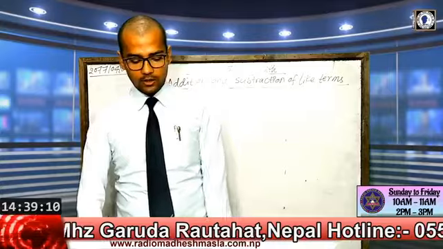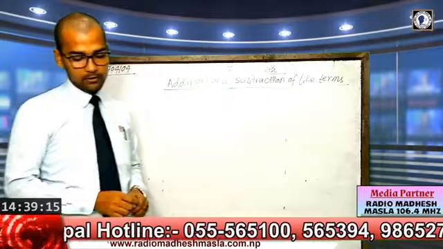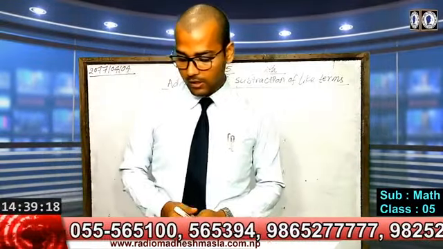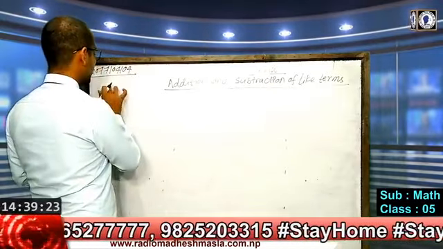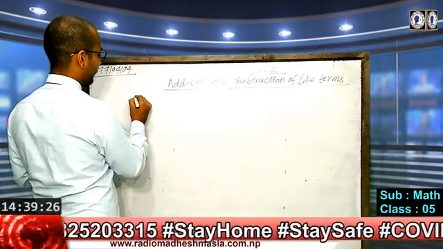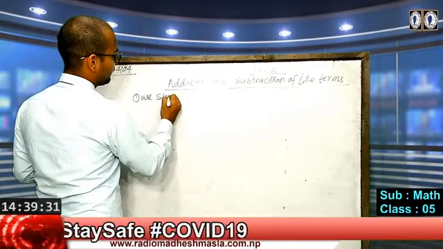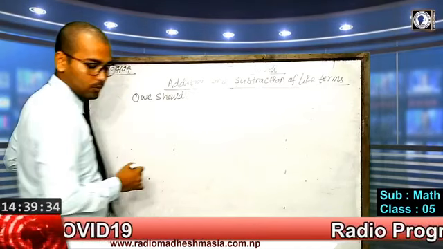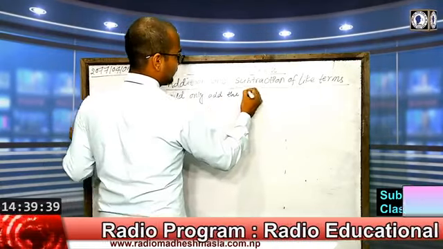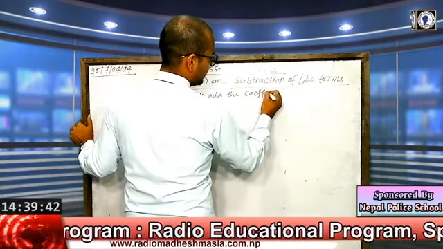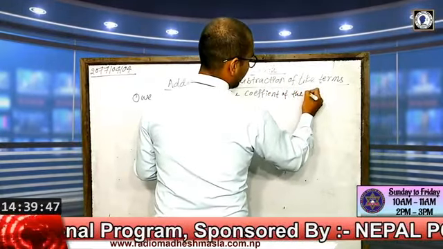So we have here a short rule that is applied in the addition or subtraction of like terms. Here we should only add the coefficient of the given terms.